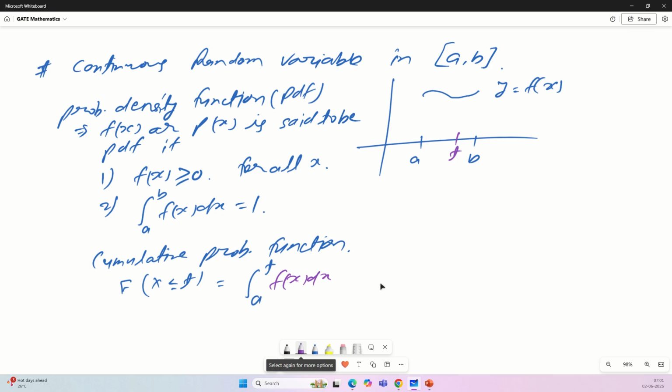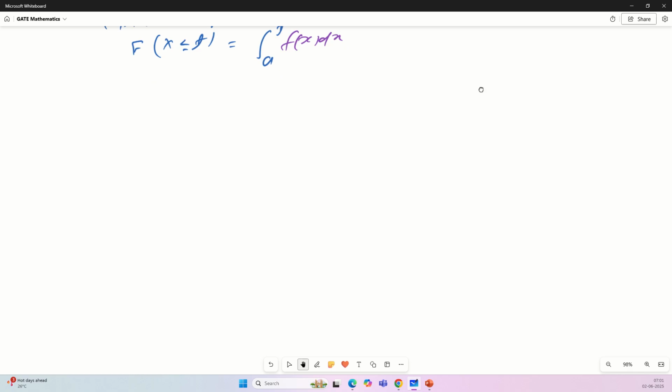Now I'm going to give you some properties of continuous random variable and discrete random variable. You can make a note of them.